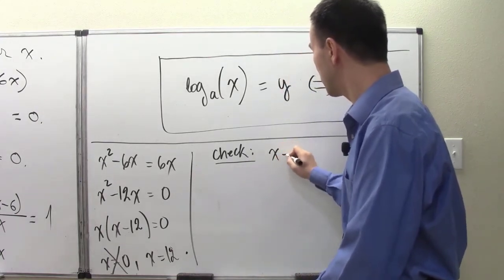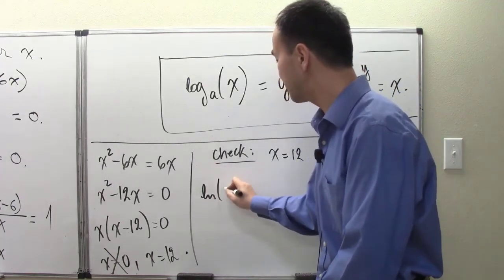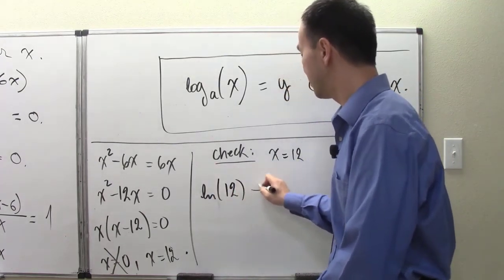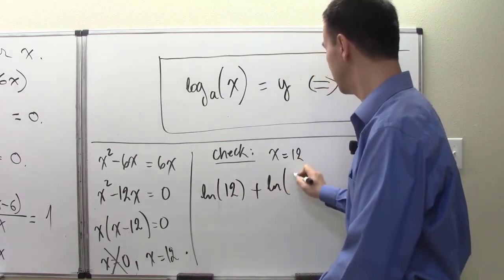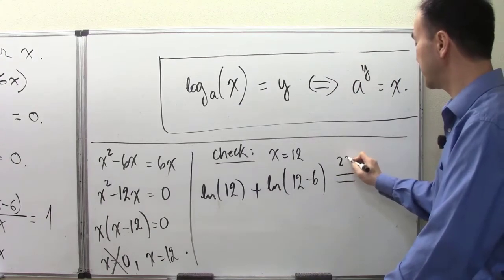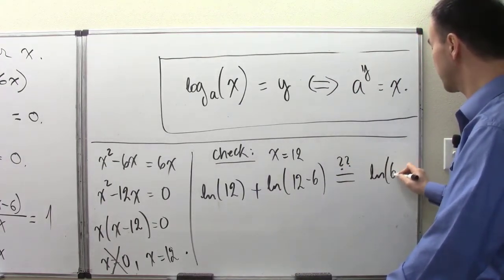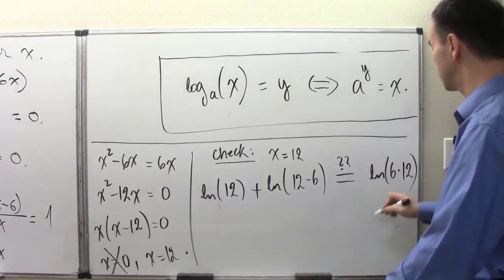When x equals 12, our left-hand side becomes natural log of 12 plus natural log of 12 minus 6. And we want to find out if it equals the right-hand side, natural log of 6 times 12.